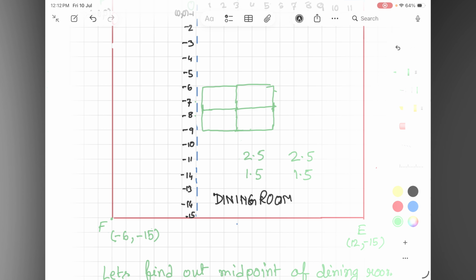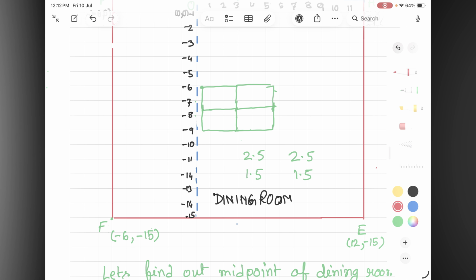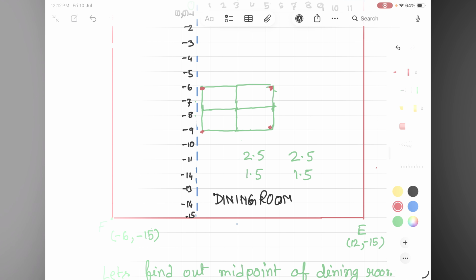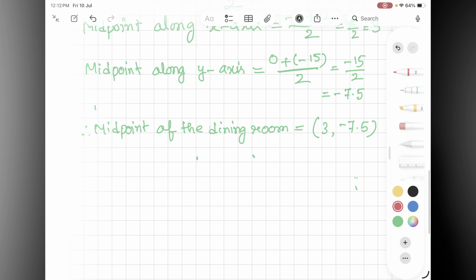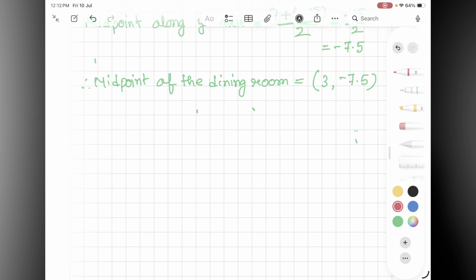Now you get the dining table and also its four corners. Let's find out the coordinates of the four corners. This is the first one, second one, third and fourth corner, or fourth foot. So let's write the feet of the dining table.